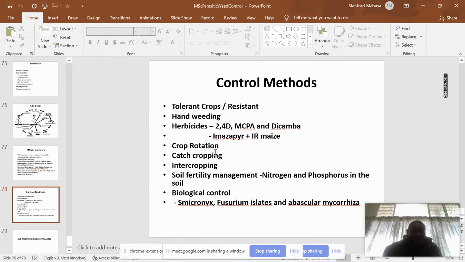Crop rotation, catch cropping, intercropping, soil fertility management, use of nitrogen and phosphorus in the soil. And then biological control, use of Smicronyx, Fusarium isolates, and vesicular-arbuscular mycorrhiza.